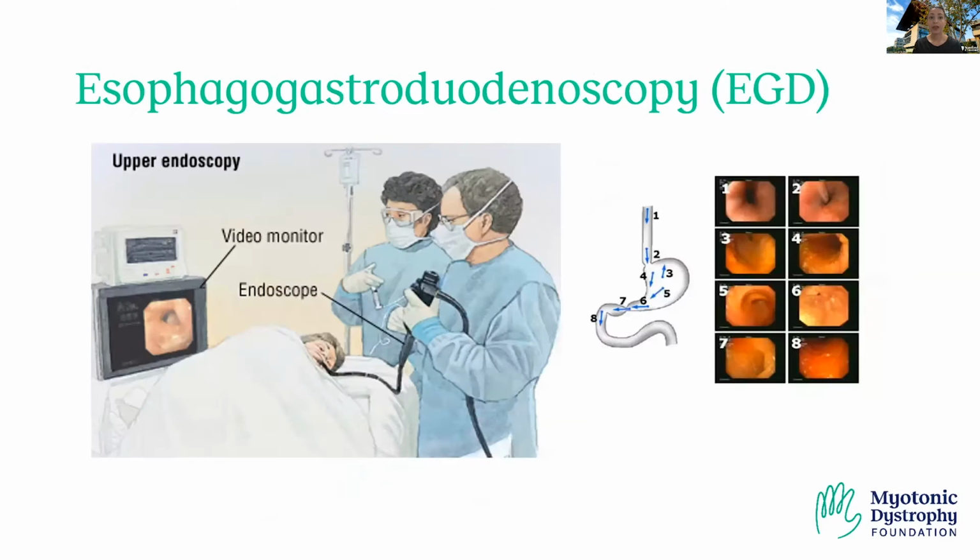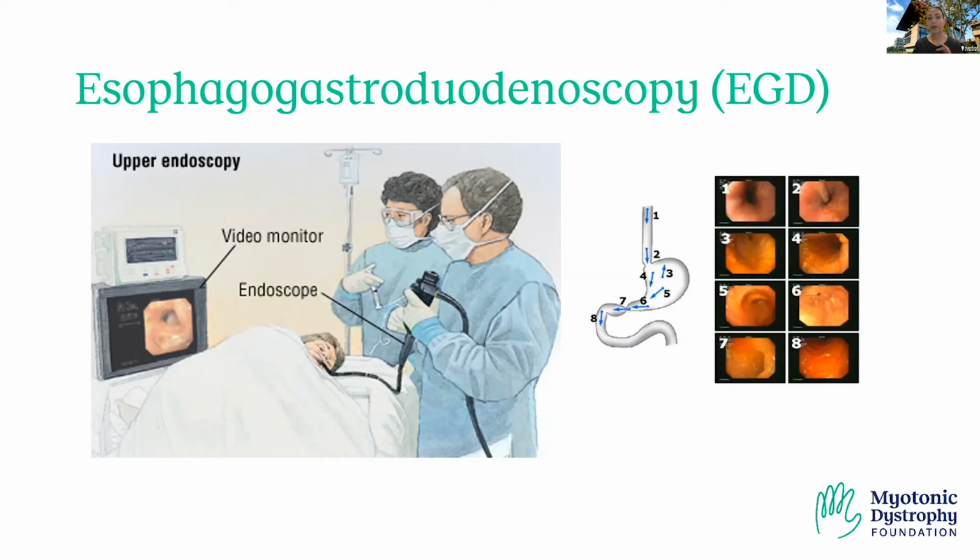So in order to evaluate someone who is complaining of symptoms of heartburn and acid reflux, we often offer upper endoscopy. You may hear it called EGD, which stands for esophagogastroduodenoscopy. Here we examine the lining of the esophagus, the stomach, and the first part of the small bowel, which is called the duodenum.